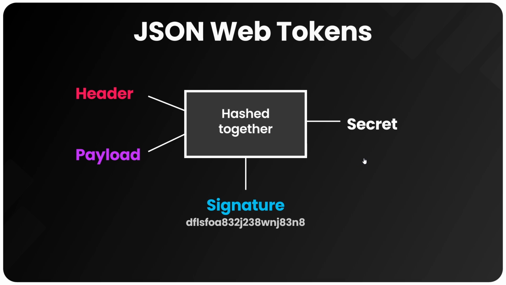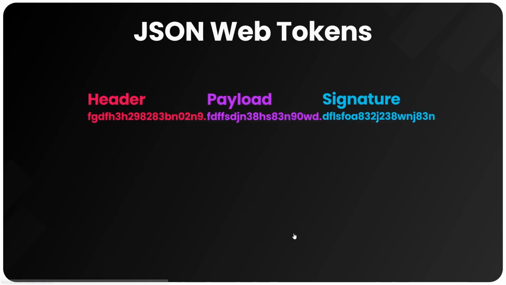So these three things hashed together make up the signature. And that signature is then added onto the JSON Web Token as the third part. This process is called signing the token, and the other two parts are just the encoded versions of the header and the payload individually. So once the server's created this token, it can send it to the browser.